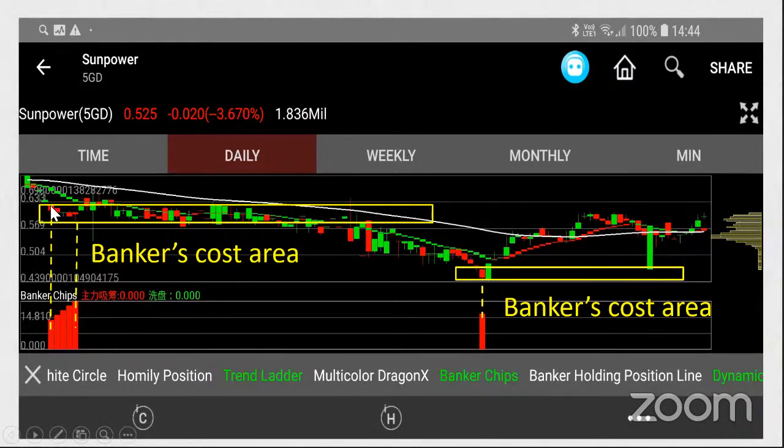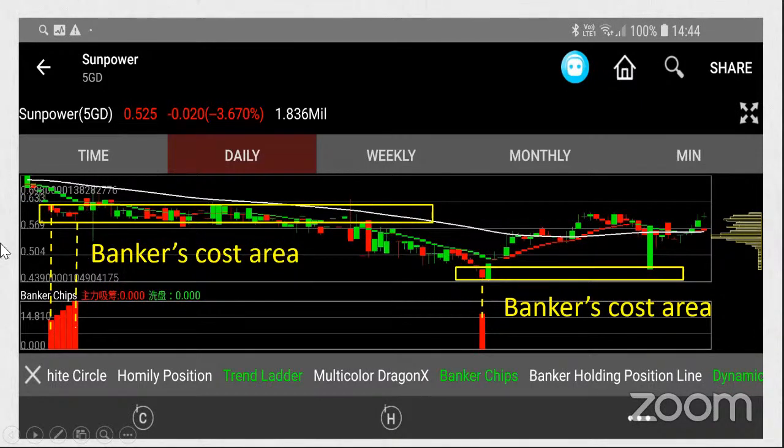In this case, the high price would be the high of the candle corresponding to the first red bar of bunker chips. The low price would be the low of the last candle corresponding to the last red bar of bunker chips, right? So you draw a box to cover the high and low for this period.